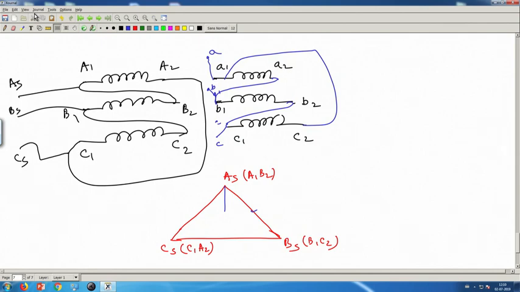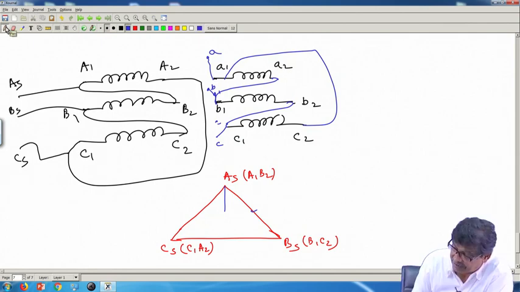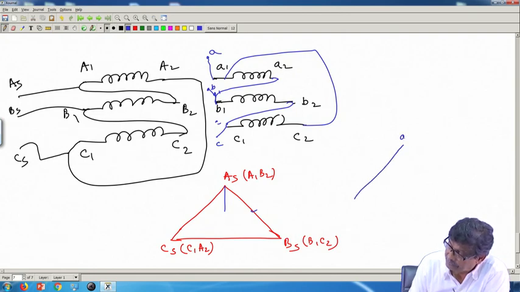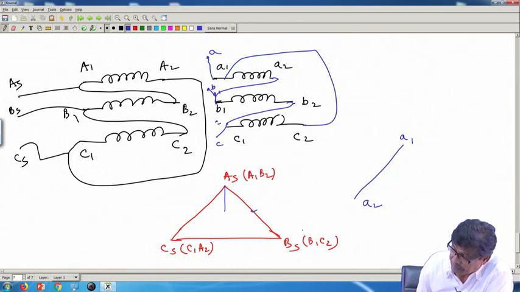What will be the phasor diagram now? On the secondary side, voltage A1 A2, here also it will be A1 A2, is not? This is the thing. Now, B1 B2 parallel to this line, but B1 is connected to A2, is it?